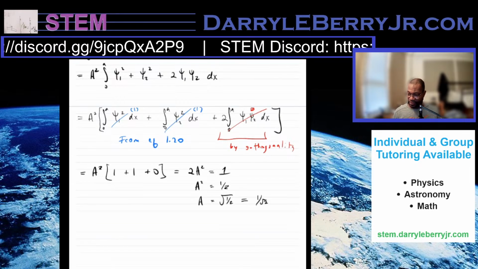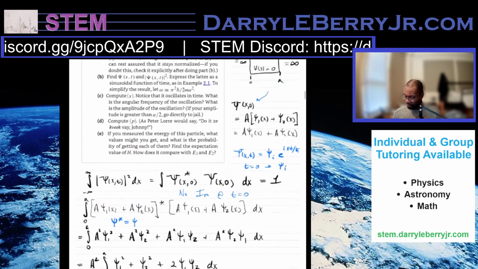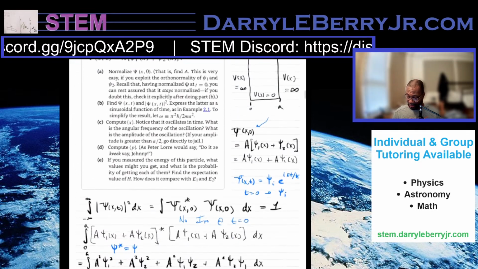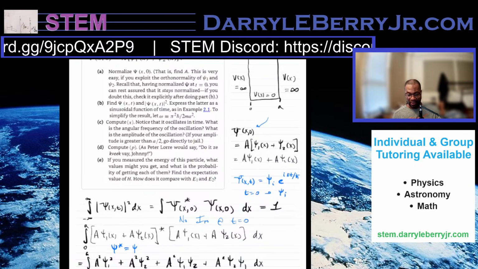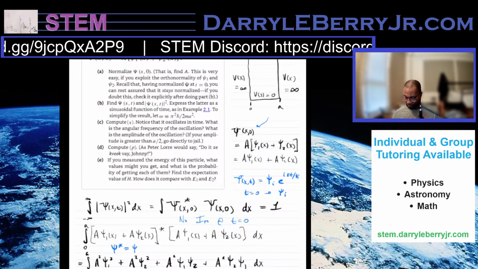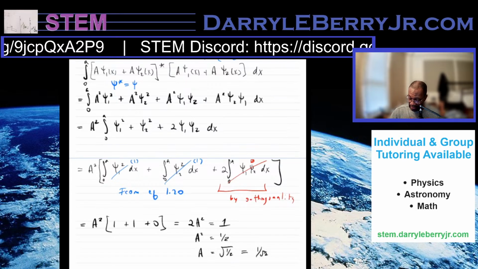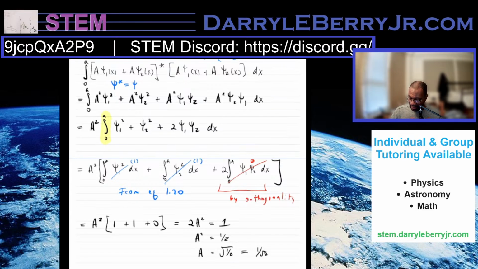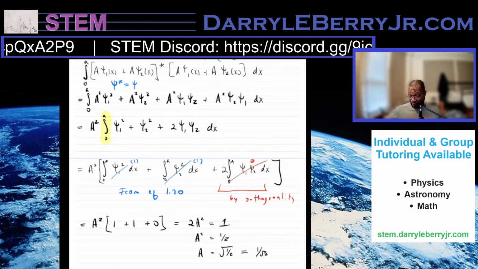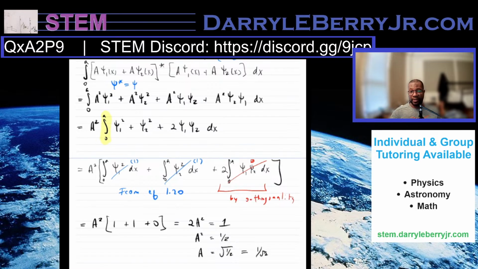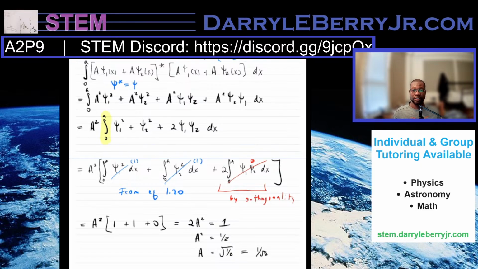So this means that in order for this state to be normalized, meaning that we've properly scaled the wave function so that we get accurate values, we've scaled it such that the total probability we'll get is 1. So basically, I solve this integral over the full range of the well. The well goes from 0 to a. So if I measure for this particle over the full range of the well, there's 100% certainty that I'll find it somewhere in the well because it can't get out.